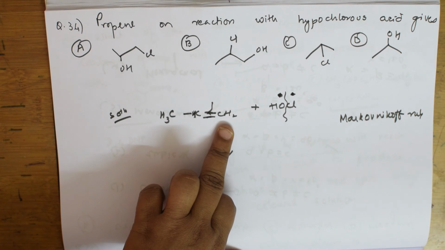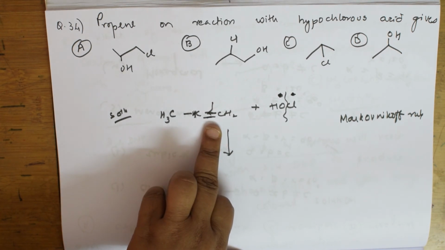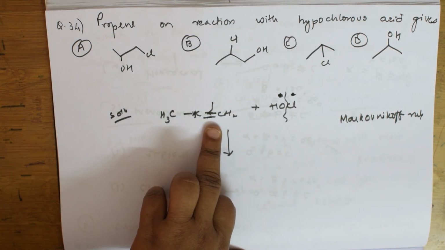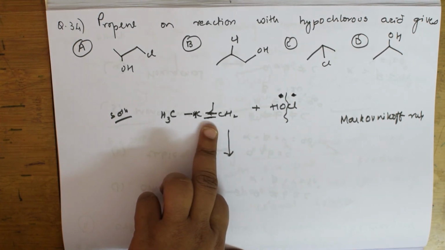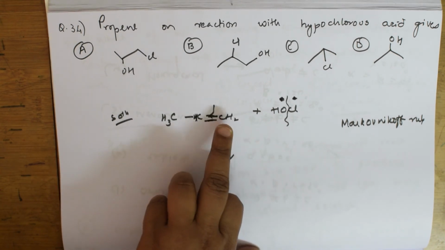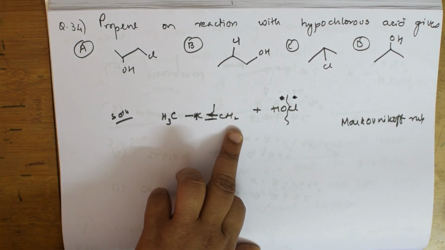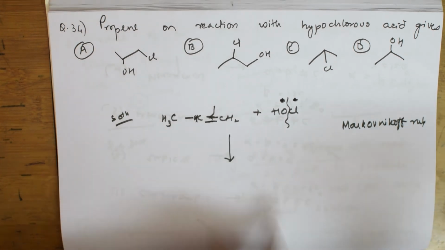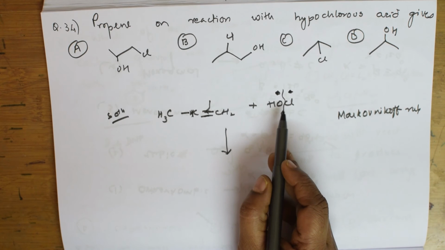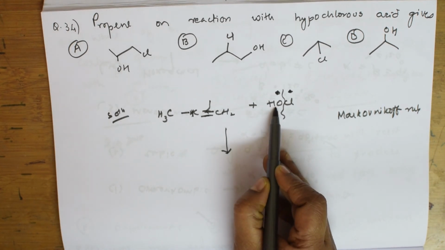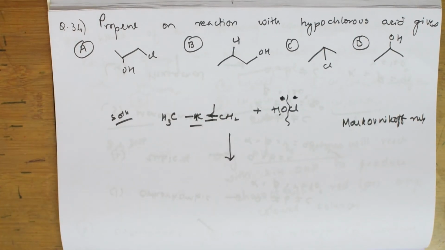You have an unsymmetrical propene, or unsymmetrical alkene, here. The rule states that whenever there is an unsymmetrical alkene like this, the negative addendum goes and adds to the carbon having the lesser number of hydrogens.